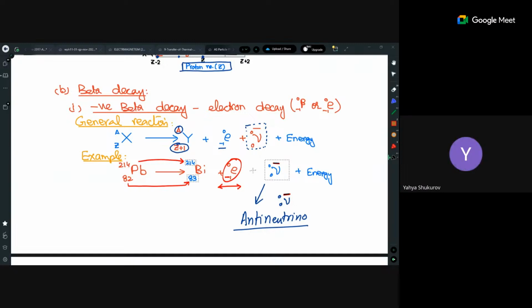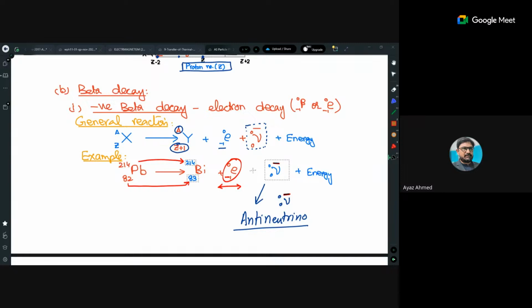What is this neutrino exactly? I will talk about that. Every particle has an antiparticle. The antiparticle of the negative beta particle, the electron, is your antineutrino.